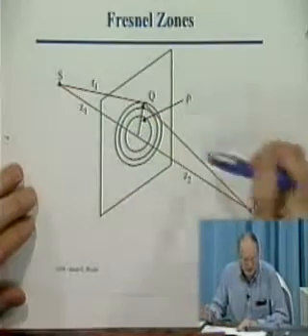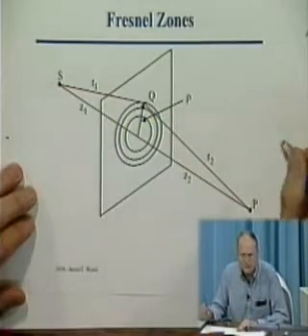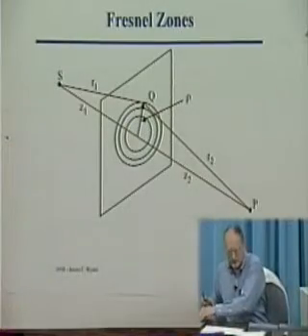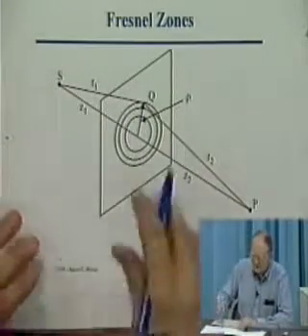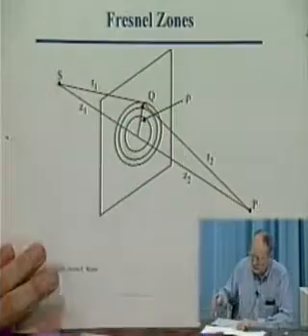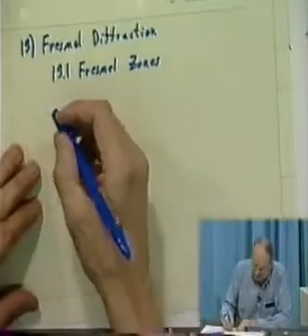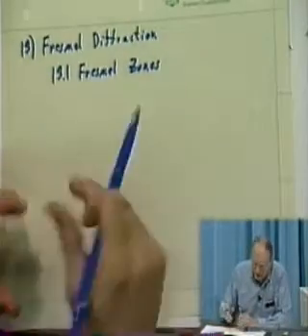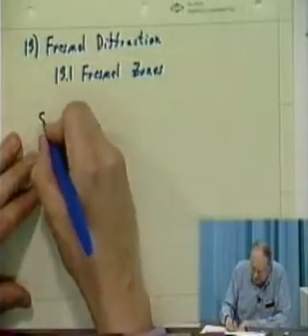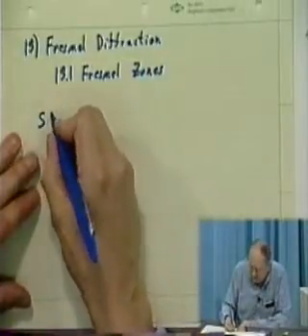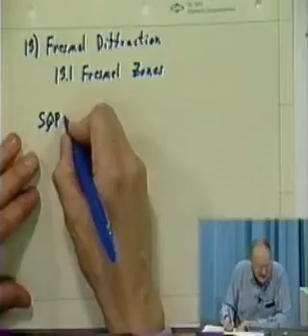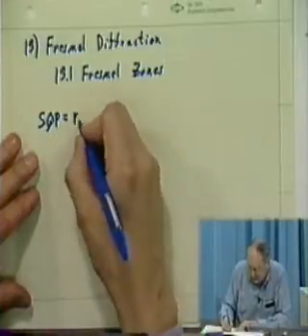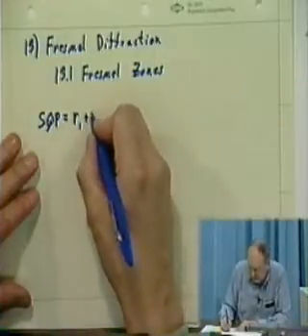So anyway, you have your diagram here. Okay, so now what we're going to do is look at these distances here. The distance SQP, so from the source to point Q to point P, is R1 plus R2.